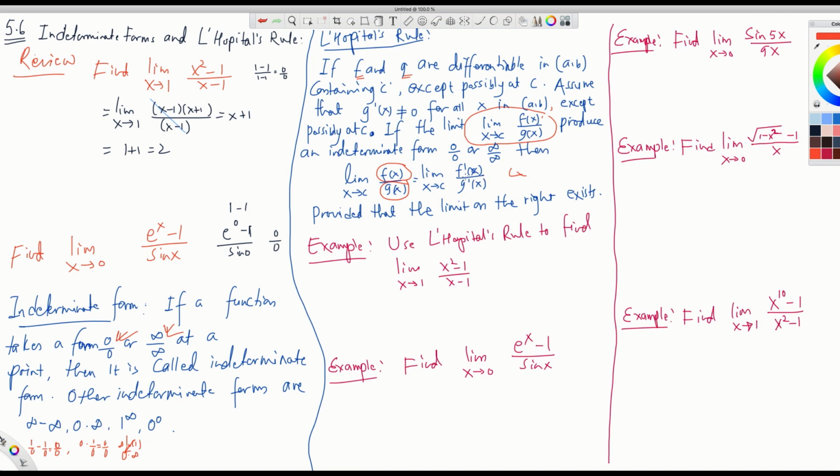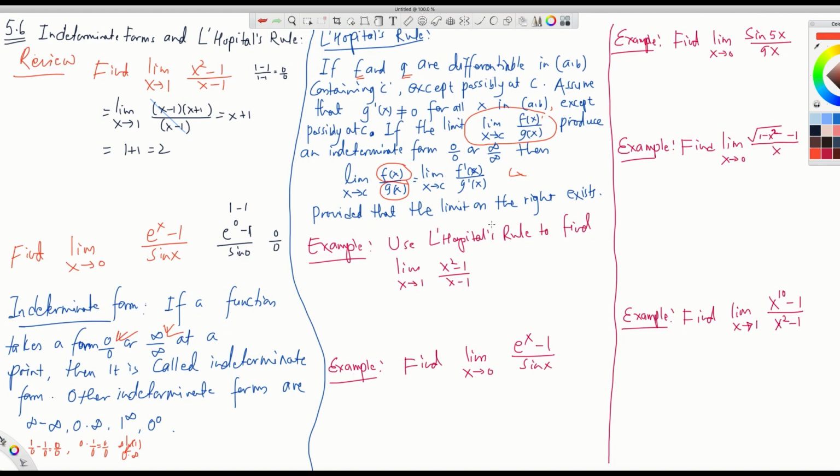One of the very important things about L'Hopital's rule is you need to have a function on the top and a function on the bottom. Otherwise you cannot use that form. If you plug in the limit directly and get 0 over 0 or infinity over infinity, then you find the derivative of the top separately and the derivative of the bottom separately and plug in the limit.